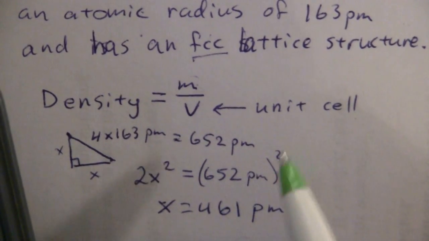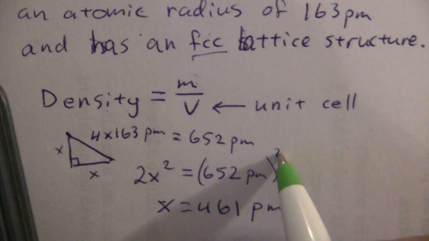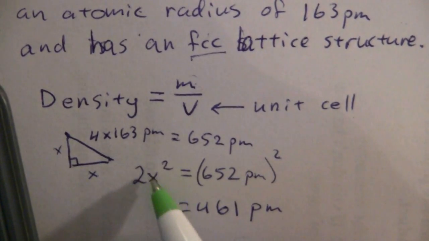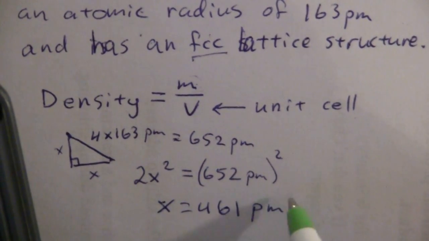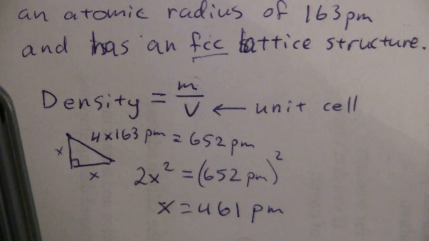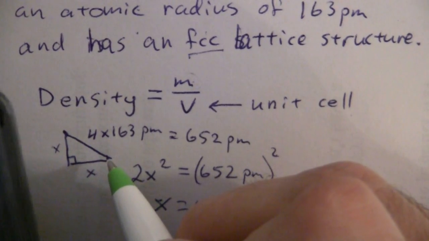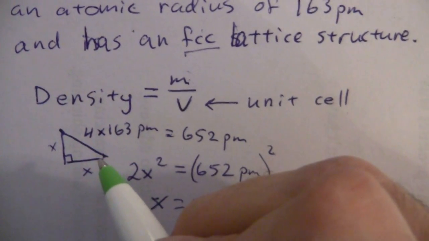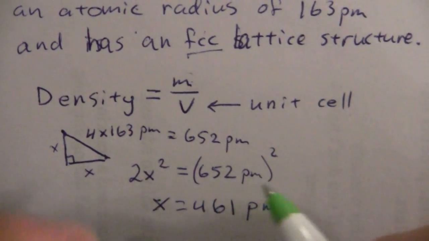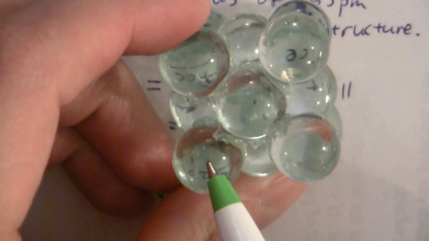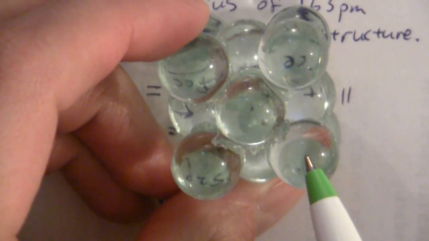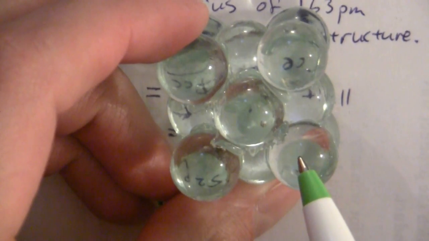Notice that we have picometers squared, but then we take the square root, so that comes back down to picometers. That is now the dimension of our unit cell. That's this distance from the center to the center along here.